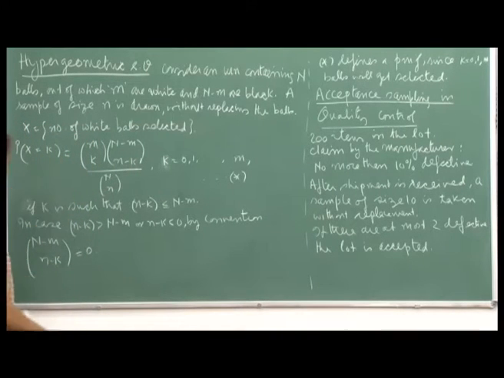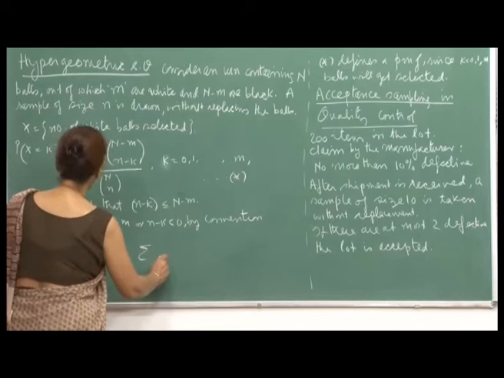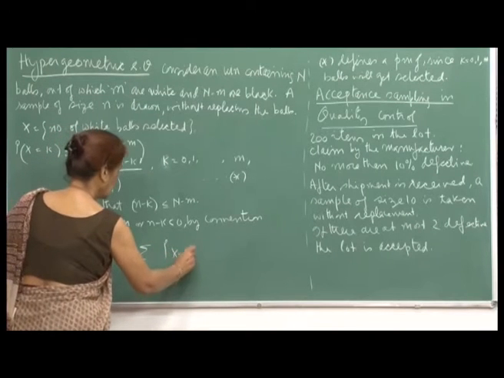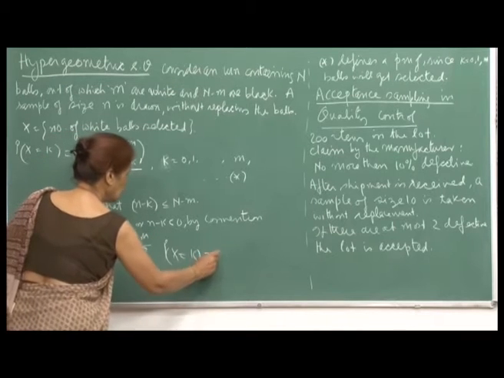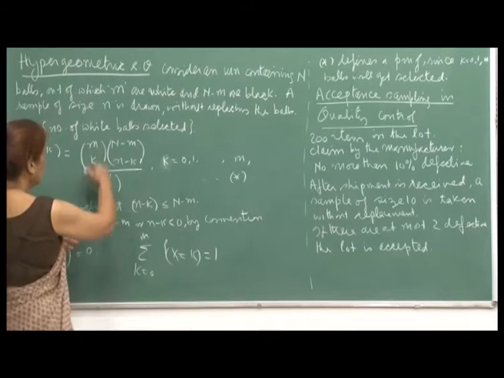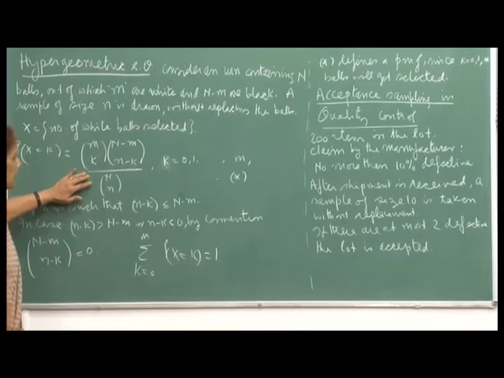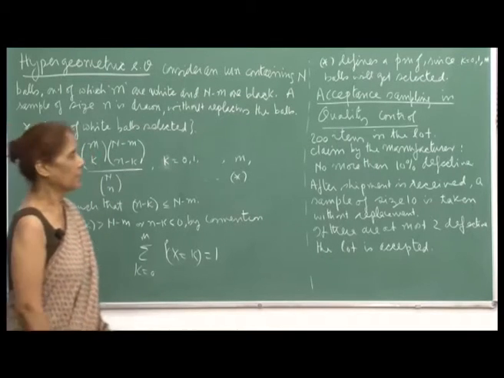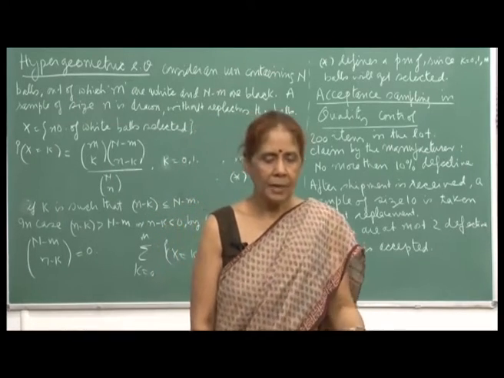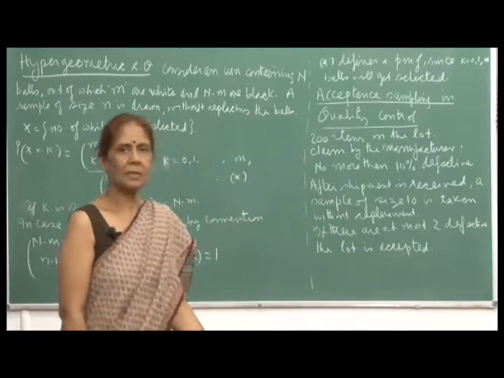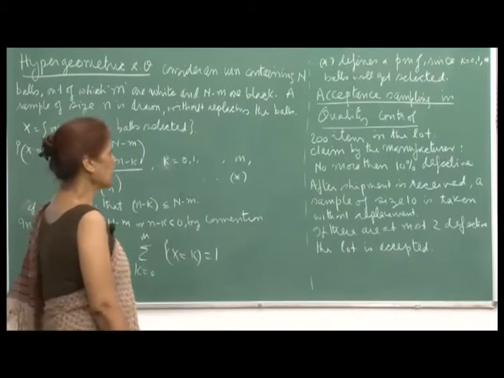That means the summation of probability x equal to k, k varying from 0 to m, is equal to 1, and also these probabilities are all non-negative. So, therefore, this is a valid PMF. This exercise we must do every time we define a random variable and its corresponding probability mass function.